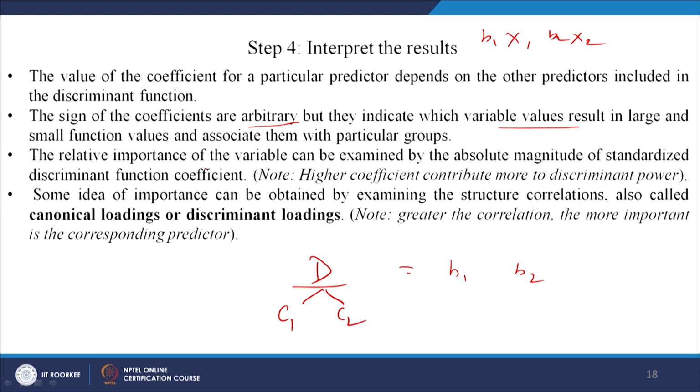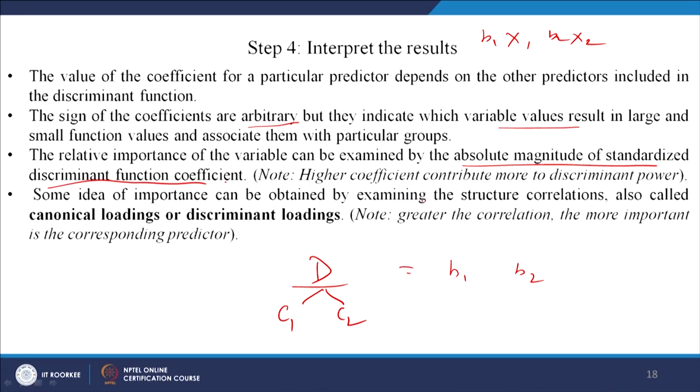The relative importance of the variable can be examined by the absolute magnitude of a standardized discriminant function coefficient. Higher coefficients contribute more to the discriminant power. That means a higher coefficient is better in explaining that these two groups are clearly different, right.